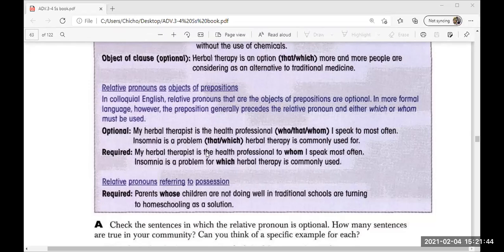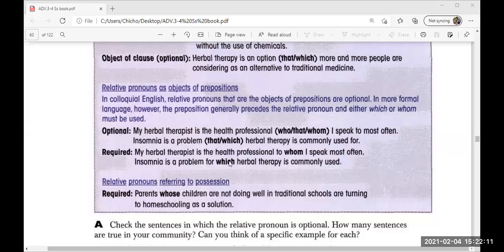My herbal therapist is the health professional to whom I speak most often. As you can see here we have to whom, so that's why in this sentence it is required. And in this case we have for which. Insomnia is a problem for which herbal therapy is commonly used.